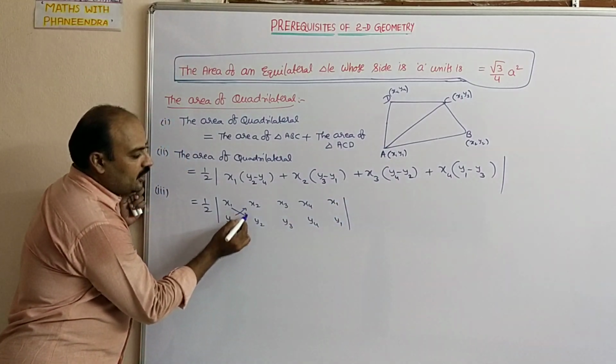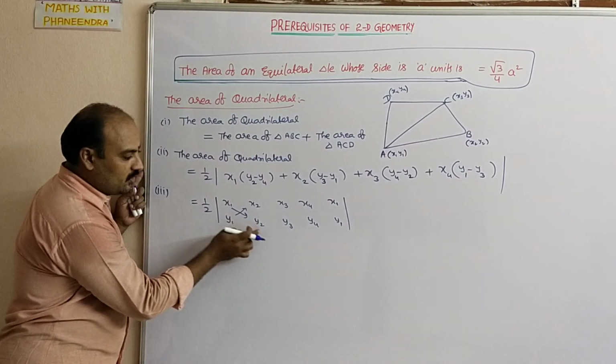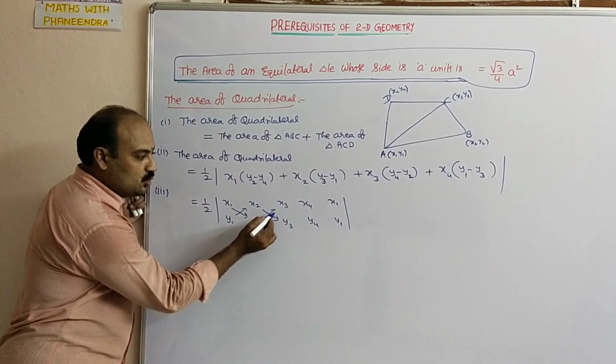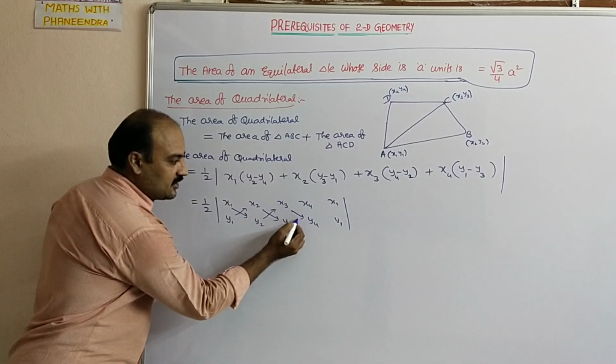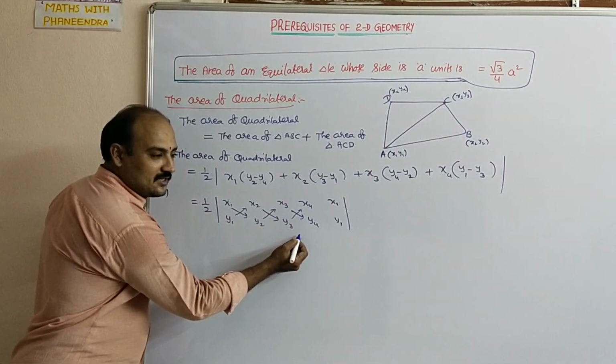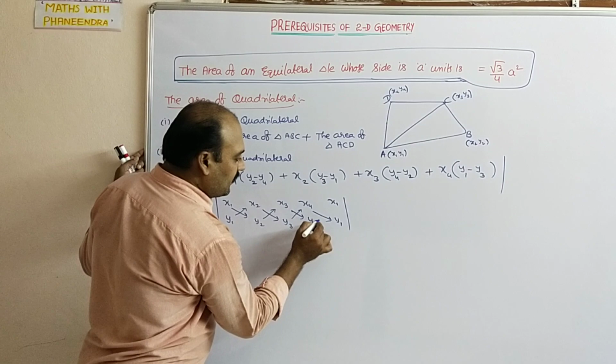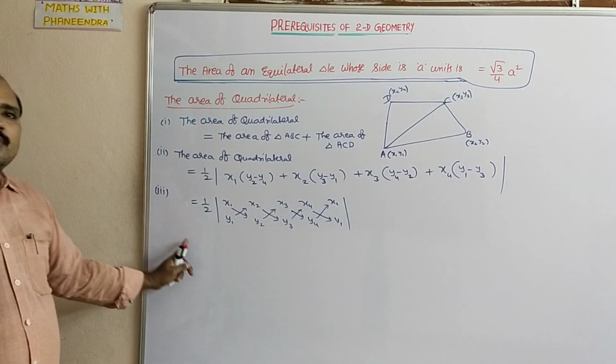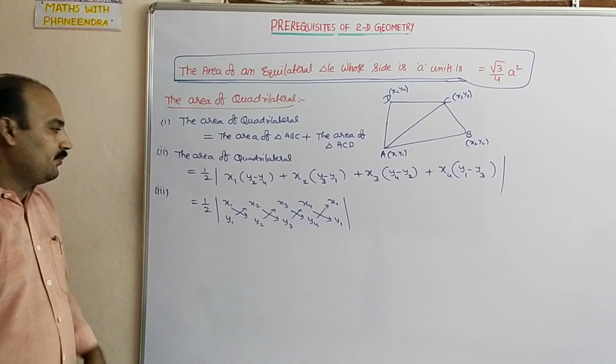After that, 2 by 2 determinants, if you expand like this, x1 y2 minus y1 x2 plus x2 y3 minus y2 x3 plus x3 y4 minus y3 x4 plus x4 y1 minus y4 x1. If you expand this, you will get the area of the quadrilateral.